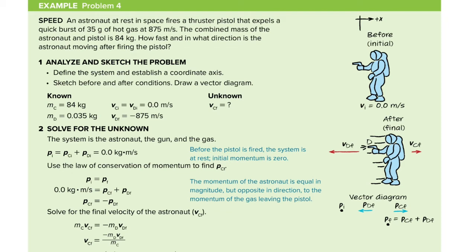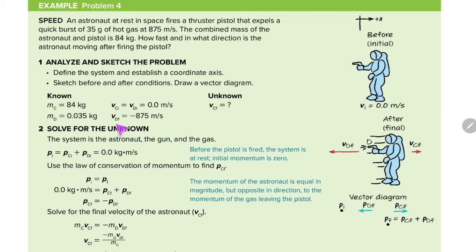Also the known that we have in the question, an astronaut at rest. Because the astronaut is at rest and the pistol is at rest, we have vC initial equal to vD initial, which is equal to 0. And here we have the velocity of the hot gas that's equal to 875, but in another direction.